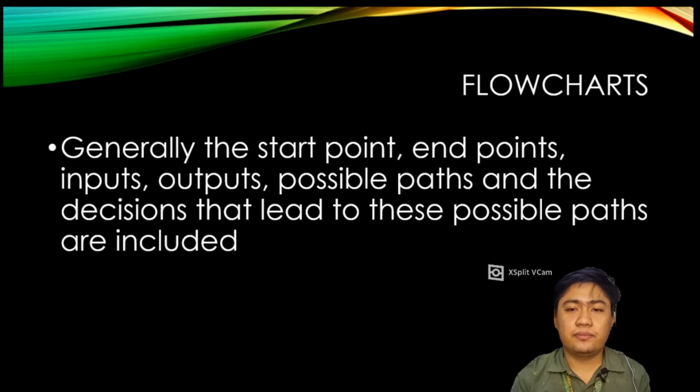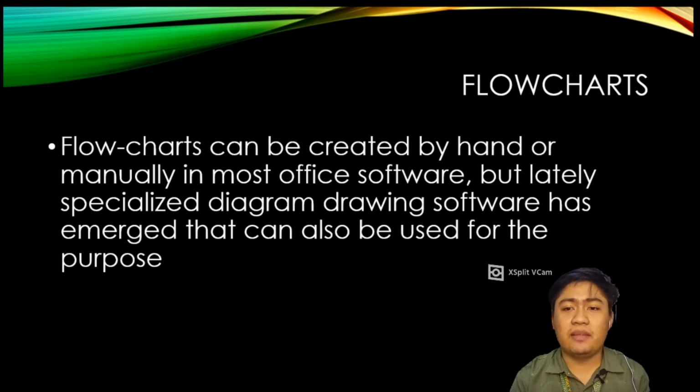Generally, the start point, end points, inputs, outputs, possible paths, and the decisions that lead to these possible paths are included. Flowcharts can be created by hand or manually in most office software, but lately, specialized diagram drawing software has emerged that can also be used for the purpose.